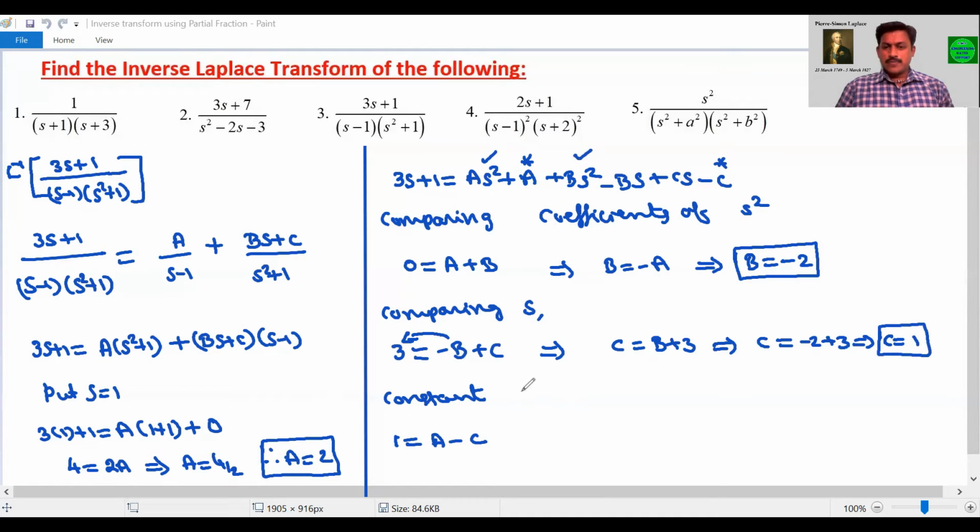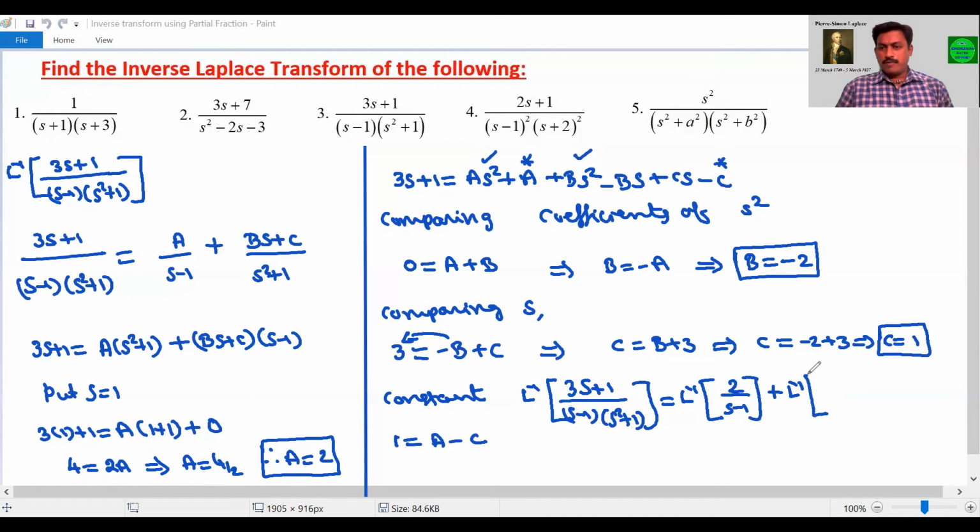Now we are going to substitute in this term. We will get L inverse of 3s plus 1 divided by s minus 1 into s square plus 1 equal to, the first term is L inverse of a value is 2, 2 by s minus 1. The second term is L inverse of b value is minus 2, so minus 2s, c value is 1, so plus 1, divided by s square plus 1.